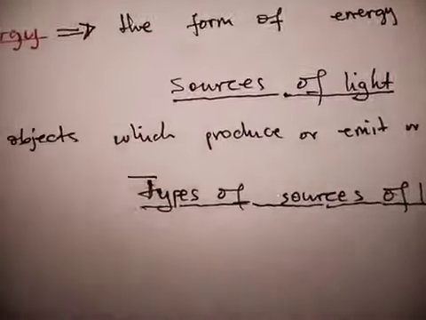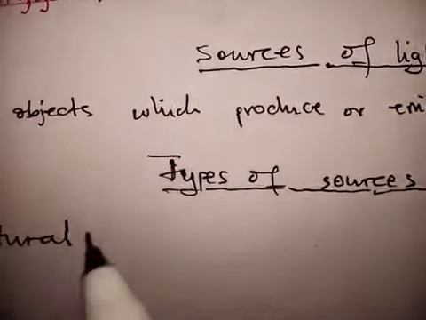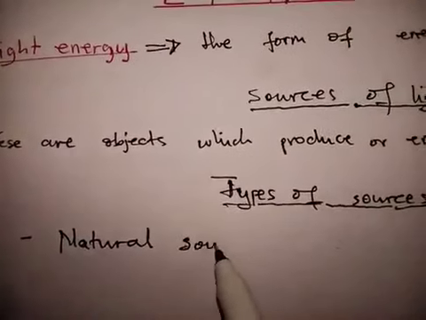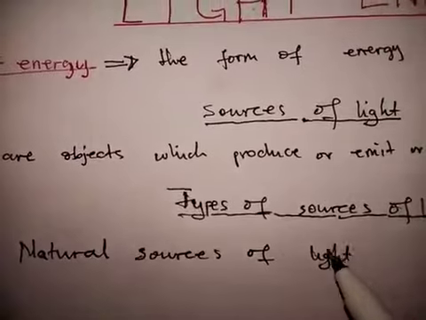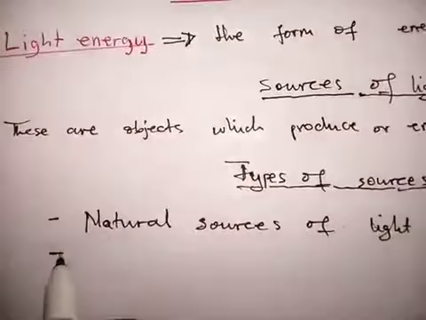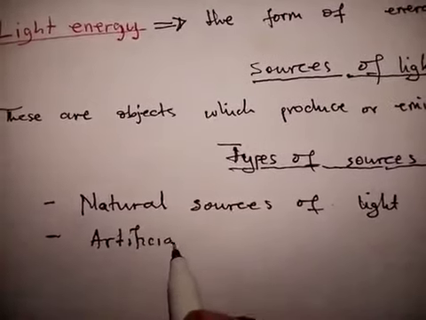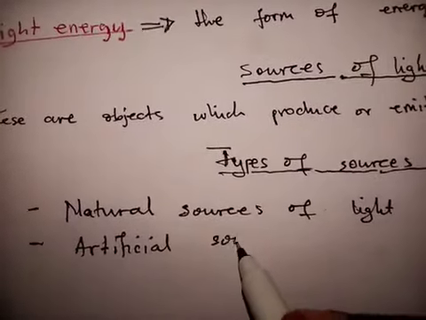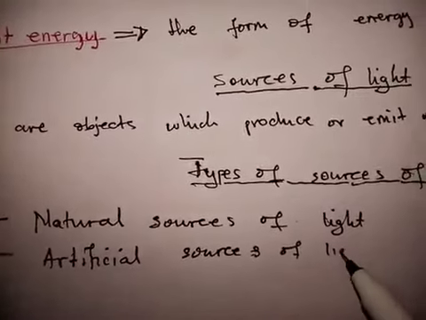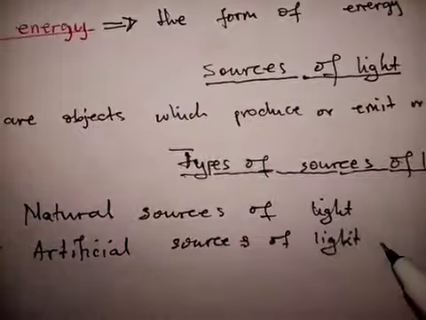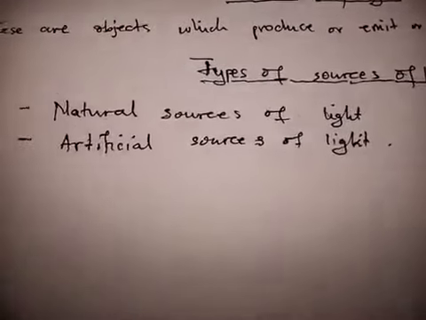One, we have natural sources of light, and we also have artificial sources of light. So these are the types of sources of light that we have.